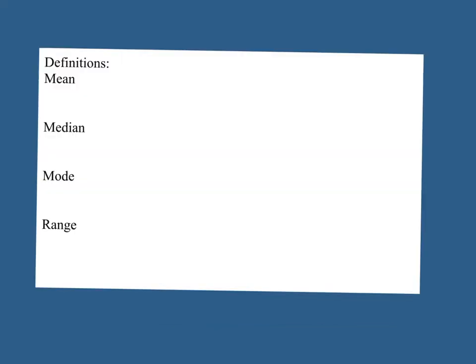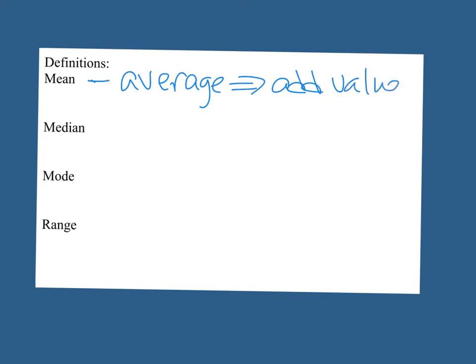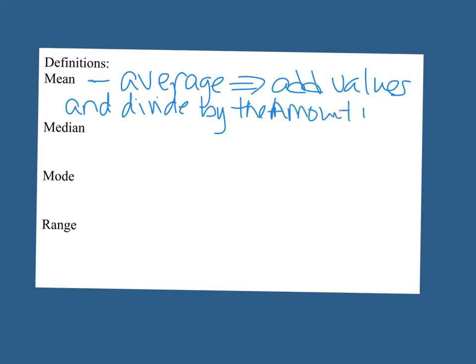So here with definitions, we went over it, but let's just go ahead and review. The mean is the average. That's where we add the values and divide by how many we have, the amount of numbers.